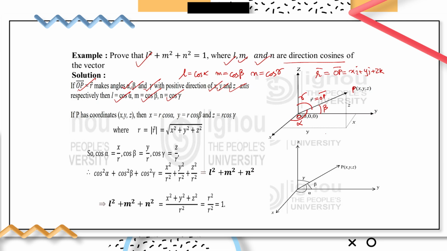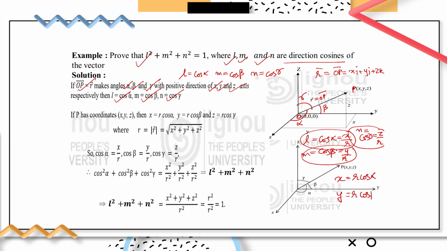Apart from this, we also learned that cos alpha will be equal to x by r, cos beta is equal to y by r, and cos gamma is equal to z by r, and cos alpha, cos beta, cos gamma are L, M and N. So, by simplifying these equations, you can always rewrite them as x is equal to r cos alpha, y is equal to r cos beta, and z is equal to r cos gamma.